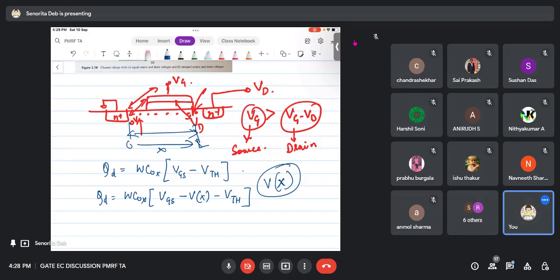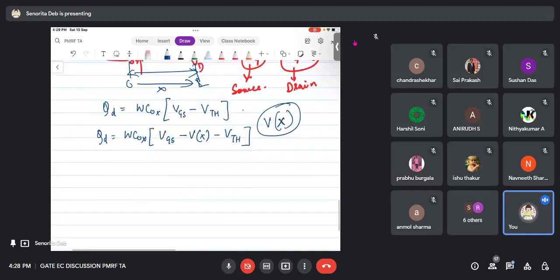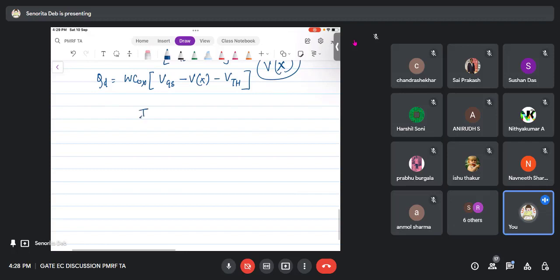Now what will be the current? We saw the current formula, right? Current was given by, where small v is the velocity. Now I_D will be W Cox times (Vgs minus V(x) minus Vth) into small v.